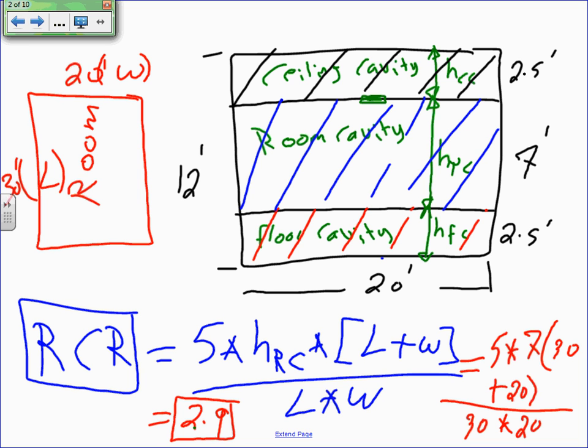To find something called coefficient of utilization. Meaning, if I put this fixture in this room, how efficient is this fixture in this room depends upon how the room is painted, floor, ceiling, and walls, obviously, and also on the fixture itself, a couple of other characteristics of the fixture.